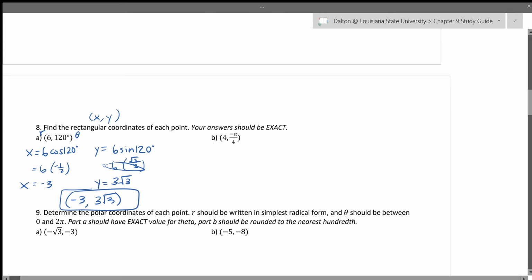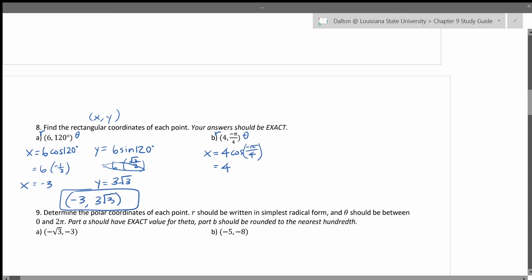For part B, we're doing the same thing. The only difference is that this theta is given in radians, but that doesn't really change anything. It just means you're looking for radians on the unit circle instead of the degrees. So same approach. X is going to equal r times the cosine of theta. So it's going to be 4 times the cosine of negative pi over 4, which will be 4 times.